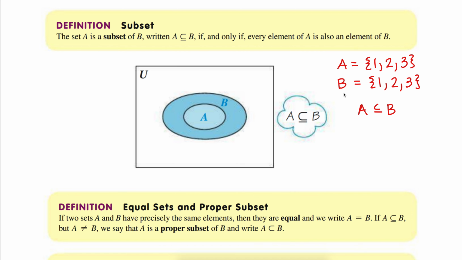So in this case, A and B are equal, so A is not a proper subset of B, but if I were to erase one of the numbers, A is now a proper subset of B. Okay. It's a subset, but it's smaller. That's called a proper subset. And again, think of less than versus less than or equal to with those.